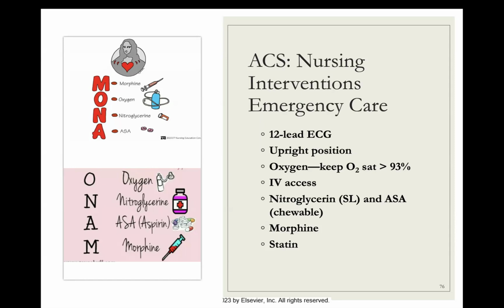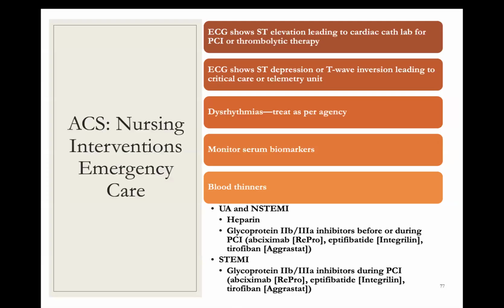So the STEMI or NSTEMI may not show up on the EKG the same way if you do it right after giving nitroglycerin. So you always want to get the 12 lead first and then give the nitroglycerin, but oxygen first always.